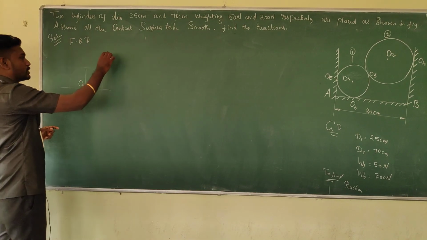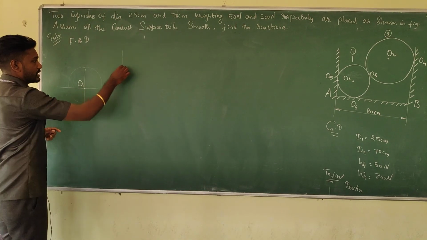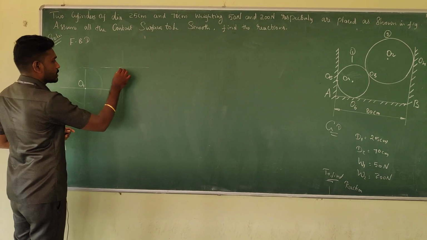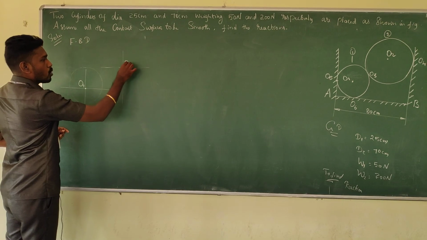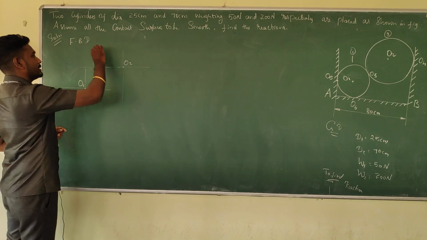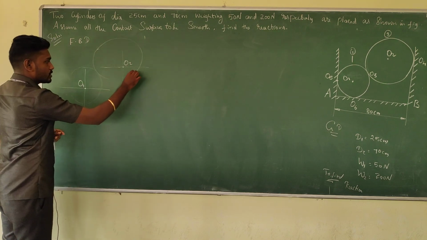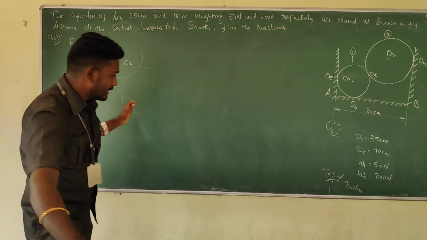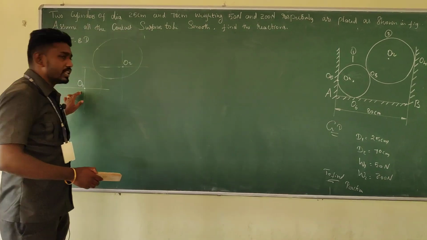Through the second cylinder center I am going to have the cross line just like this, O2, and this is how the cylinder is. Fine.